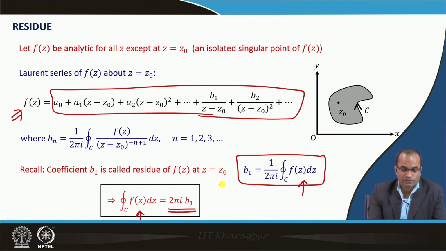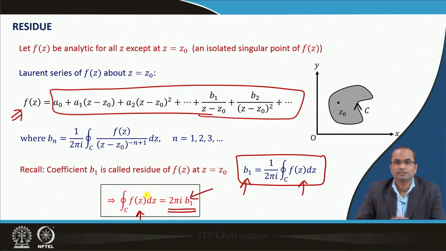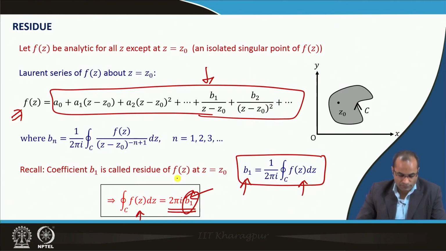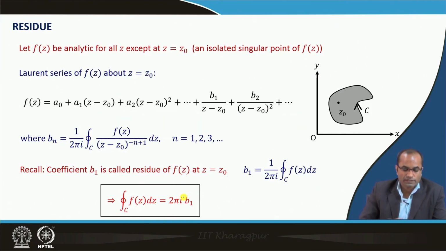Once we have the expansion, we can get b 1, and once we have b 1, we can get this integral. So it goes the other way around. To evaluate the integral, we use the Laurent series expansion, then we get b 1, and we have the integral ready. But there are other ways also to evaluate the residue b 1.